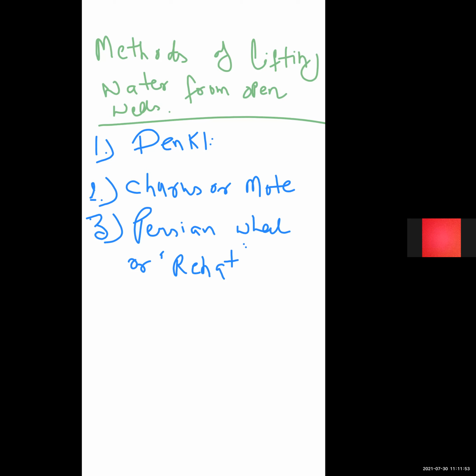This arrangement is a simple device for fetching water from smaller open kacha wells, used for irrigation purposes for a small field. The method uses manual labor for lifting water. It works on the principle of a lever.